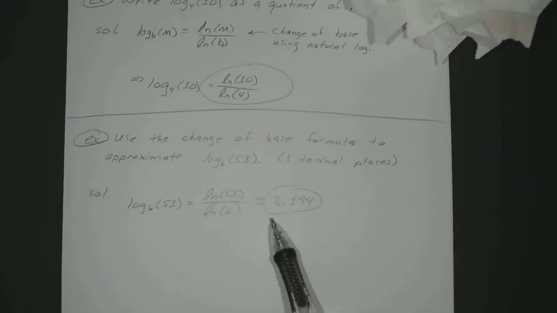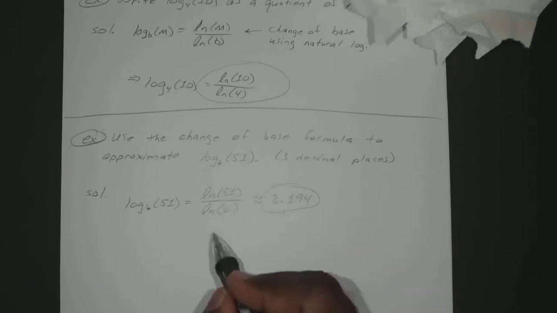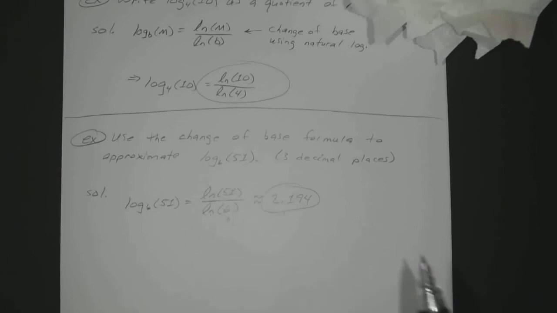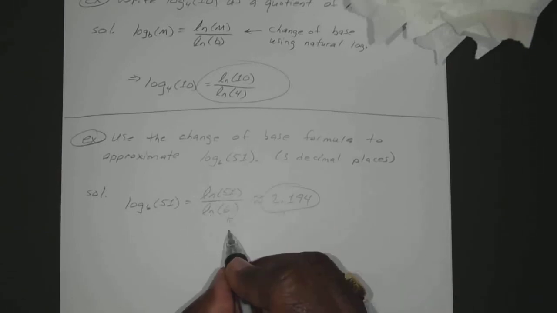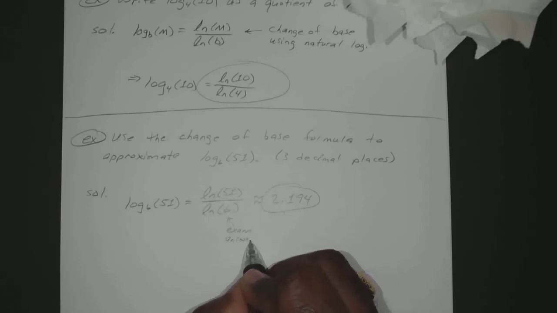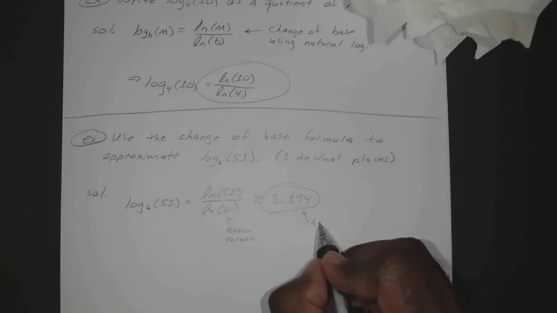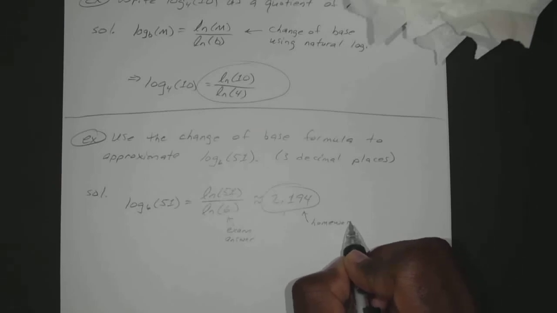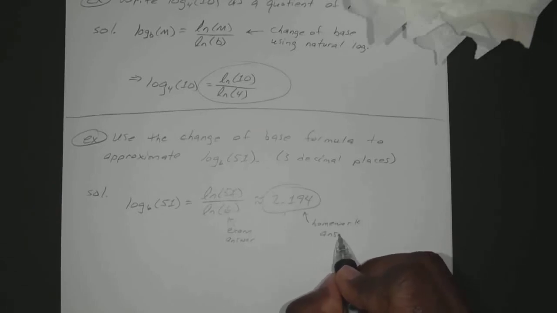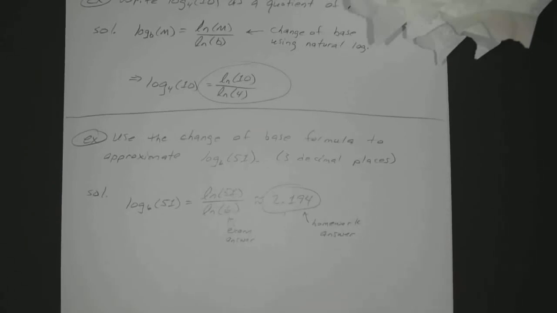Okay. Now on your homework, if they ask for it, this is what you'd use, but on the exam, this would be your answer here. Okay, this is your homework answer. All right, so any questions on that one?